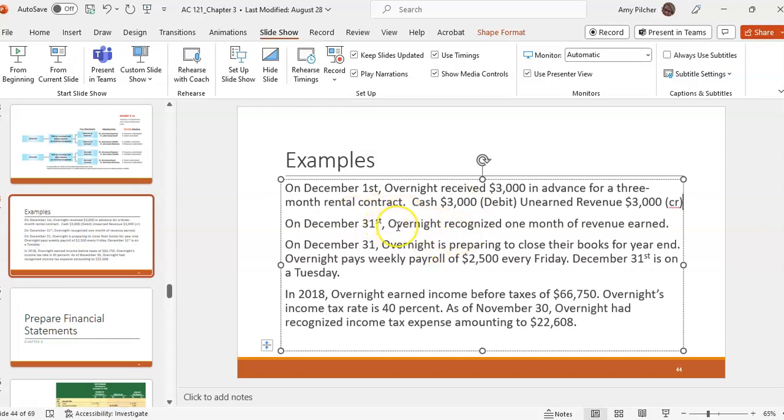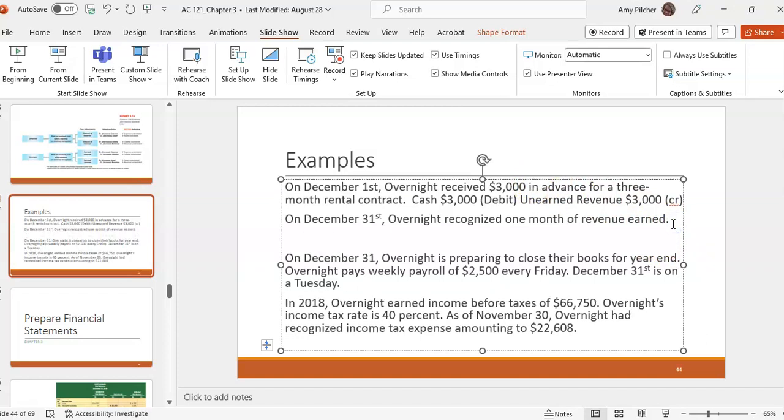Okay. On December 31st, we recognized 1 month of revenue earned. So $3,000 for 3 months is $1,000 a month. So on December 31st, we have revenue of 1,000.